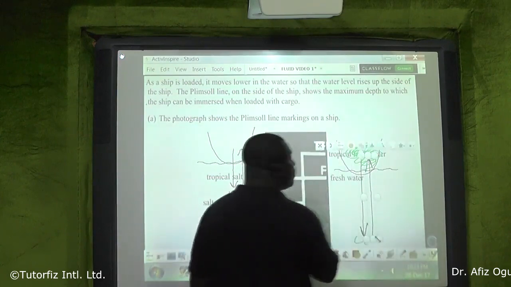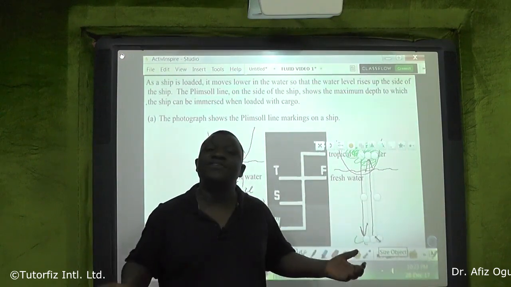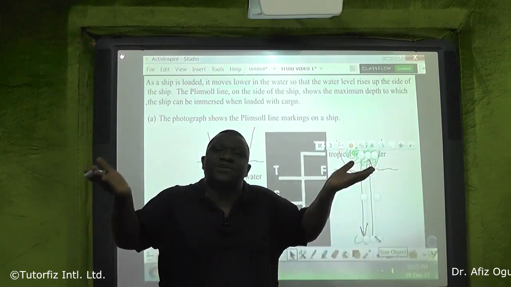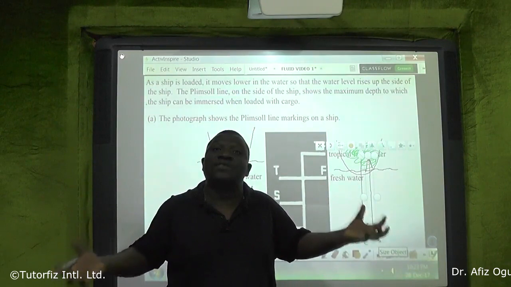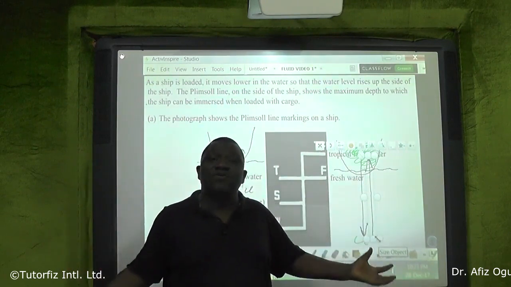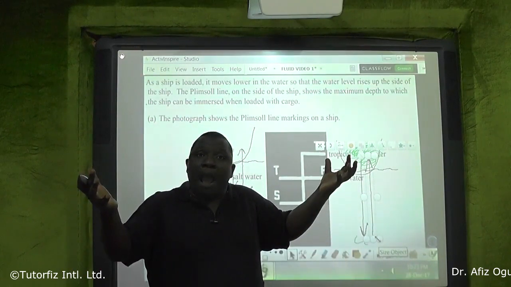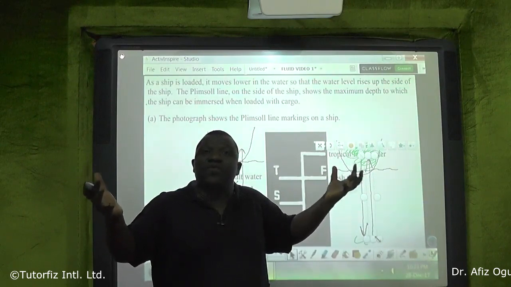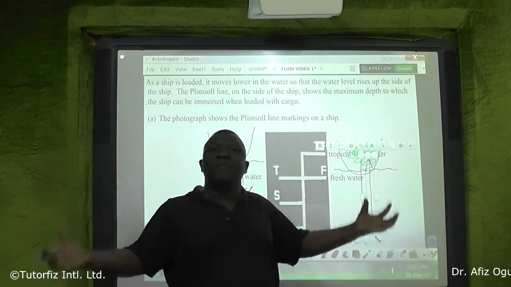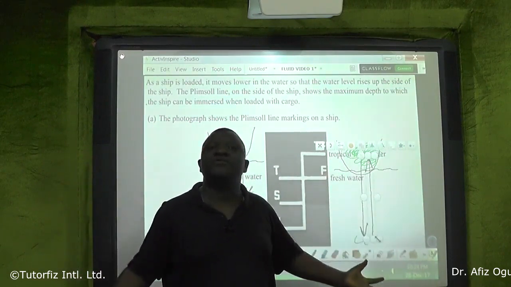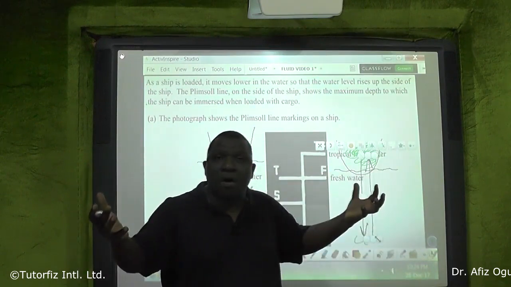What will make upthrust increase? What is upthrust? Weight of the displaced fluid. So the amount of water displaced has to be higher. The weight of the water displaced has to be more. The volume of the water displaced has to be more.